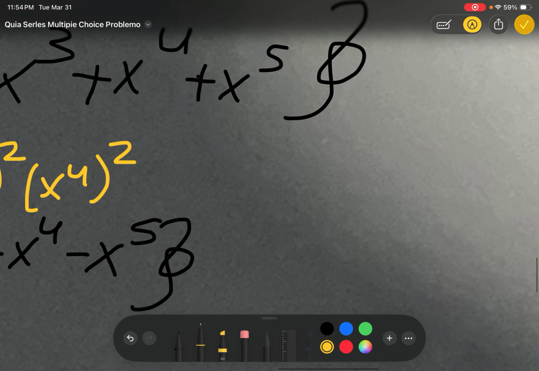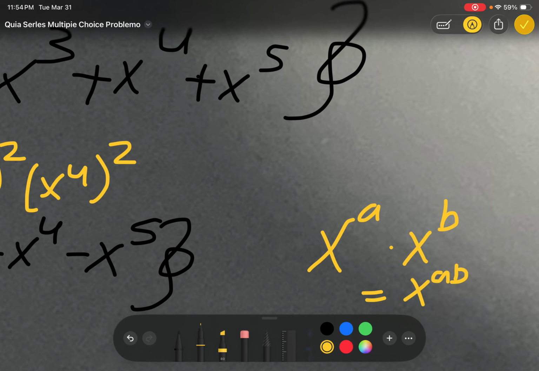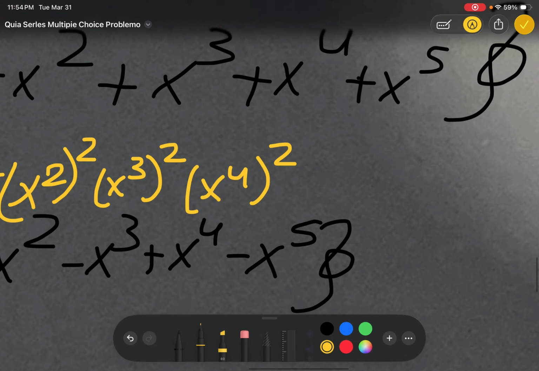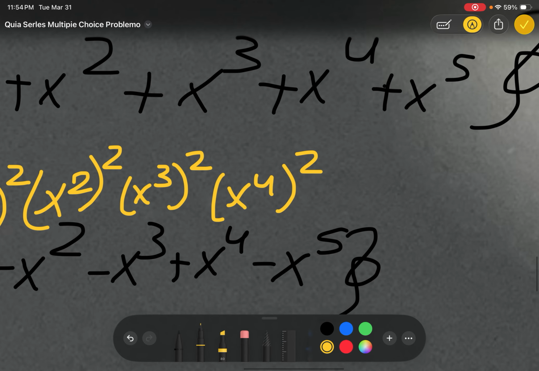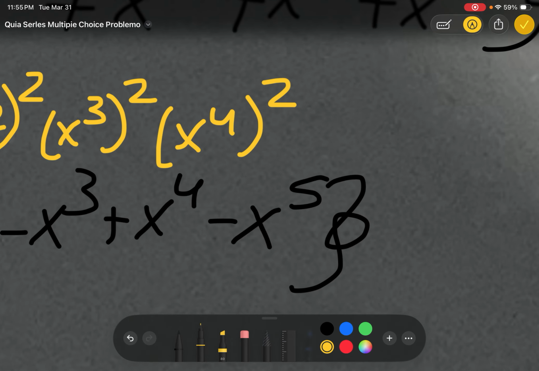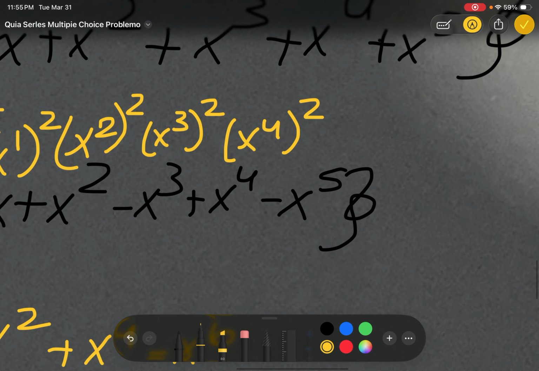The only time you add the exponents is when you have something like x to the a times x to the b, which equals x to the a plus b. But this is not the scenario here, since you're multiplying exponents, not multiplying like bases. Okay, so there you go. x to the 4th.